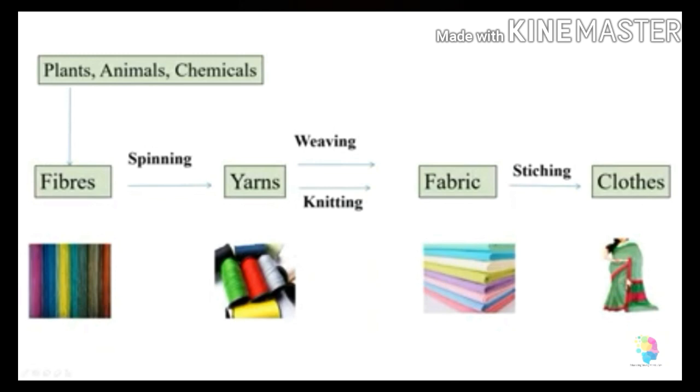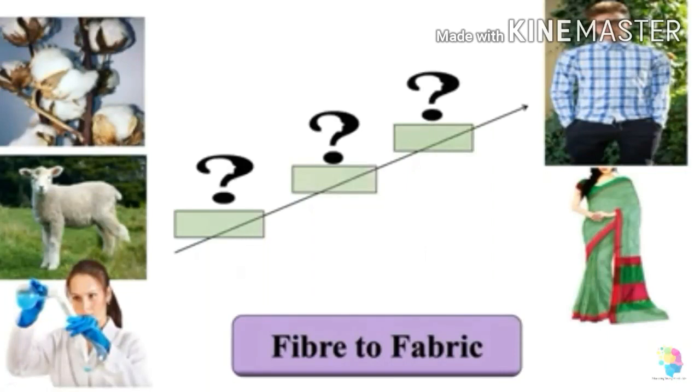And I told you about natural fiber, that is plant fibers as well as animal fibers. And I have told you about plant fibers. And these plant fibers we get from cotton, jute, flax, hemp and kapok. And in the next class, I am going to tell you about animal fibers. Thank you so much.